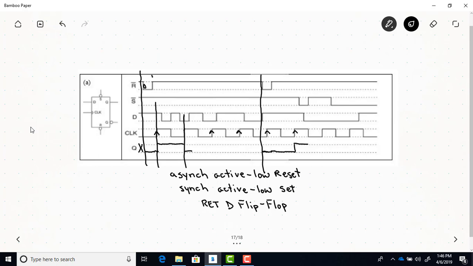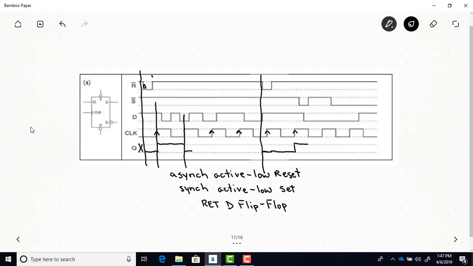Now, it was high anyway before this happened, but if this Q output had been 0 just before this active low synchronous set went low, it would still stay low, because in order for that set to happen, it not only has to be a 0, but it has to occur on a rising edge of the clock, which it doesn't. See, it happens in between rising edges. So even though this set went low, it's not going to set the output.